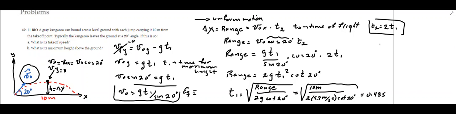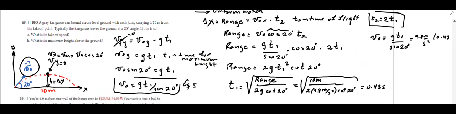So we can say that v sub 0, which is g t1 over the sine of 20 degrees, would be 9.8 meters per second square times 0.43 seconds, divided by the sine of 20 degrees. So v sub 0 would be, in this case, 12.3 meters per second, which is approximately 12 meters per second.